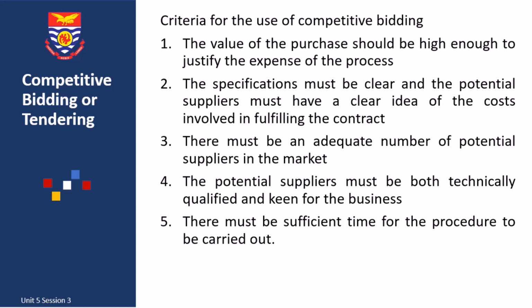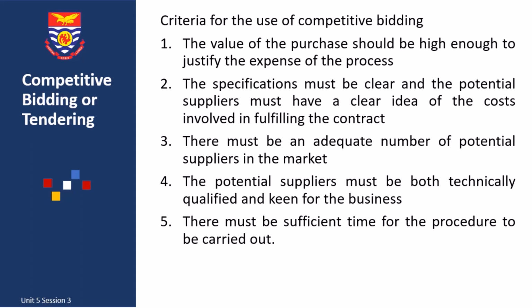So if you know, as a buying organization or procurement professional, that there are only about 2 or 3 suppliers of that particular requirement, even if you advertise internationally, only those 3 suppliers are going to be able to meet your requirements. Then why waste your time, resources and money going through the whole process when you could just approach those 2, 3, 4 suppliers, negotiate the contract with them and award the contract to the best tenderer? So we are saying we can't use competitive tendering when we don't have enough suppliers in the market.